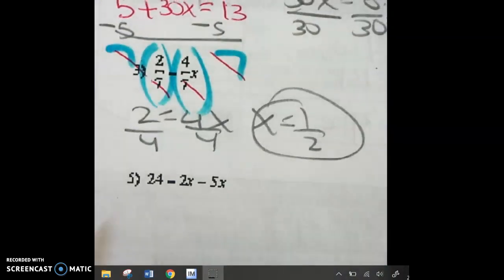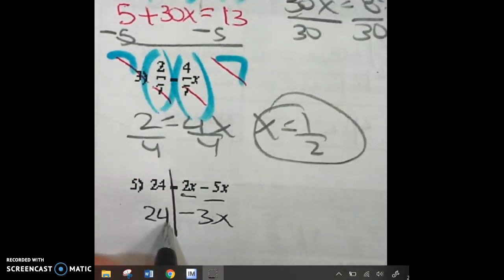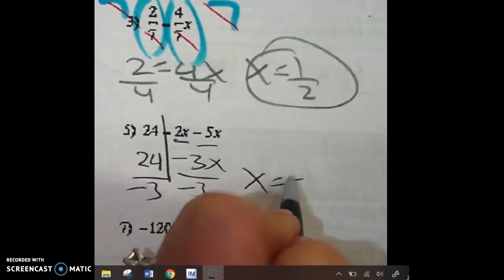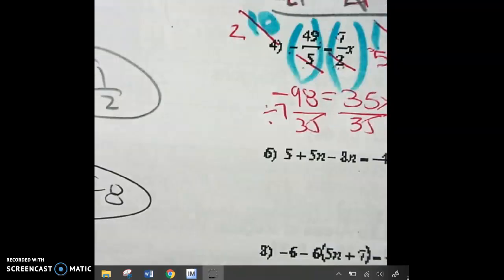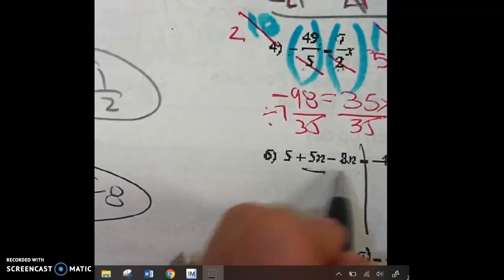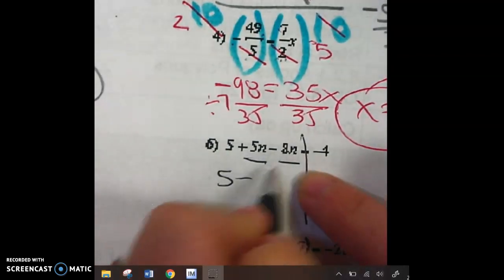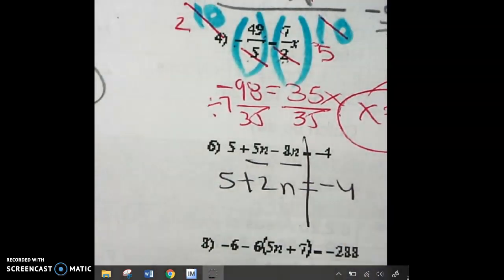Wow, this one doesn't have fractions at all. So just put those two together because they're the same. Divide by negative 3. x equals negative 8. Go here. These two are the same. Put them together. I think that's a 3. It's hard to know.